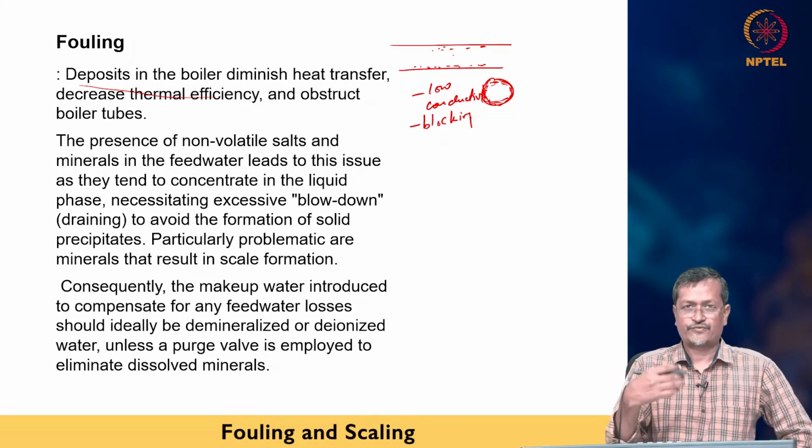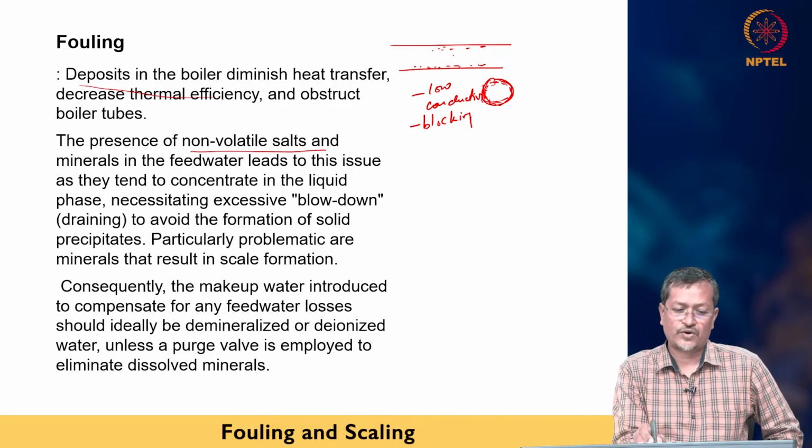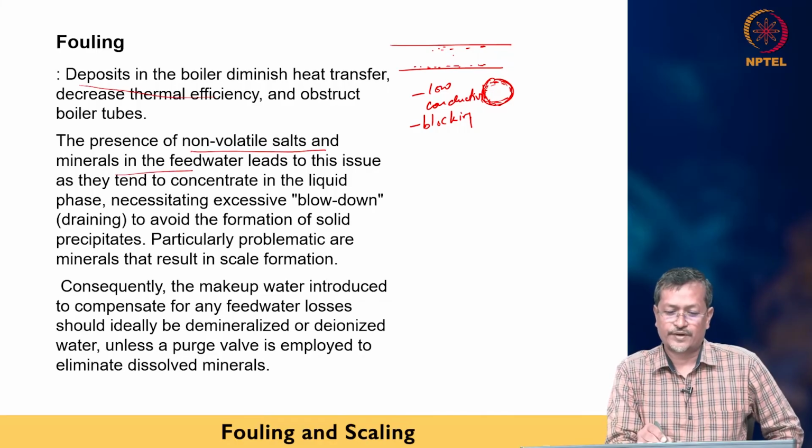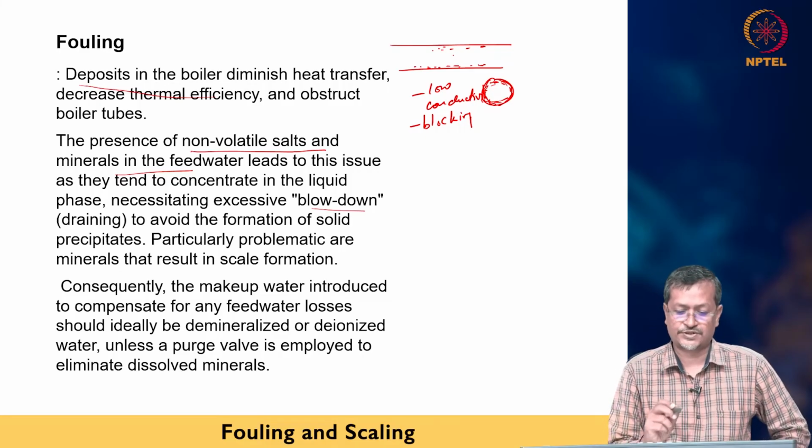So whatever extra water you are giving must be properly cleaned. The presence of non-volatile salts and minerals in feed water leads to this issue, as they tend to concentrate in the liquid phase, necessitating excessive blowdown or draining to avoid the formation of solid precipitation.